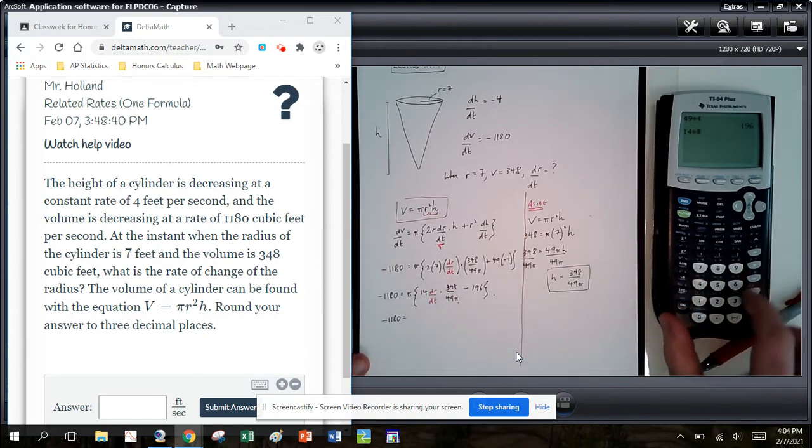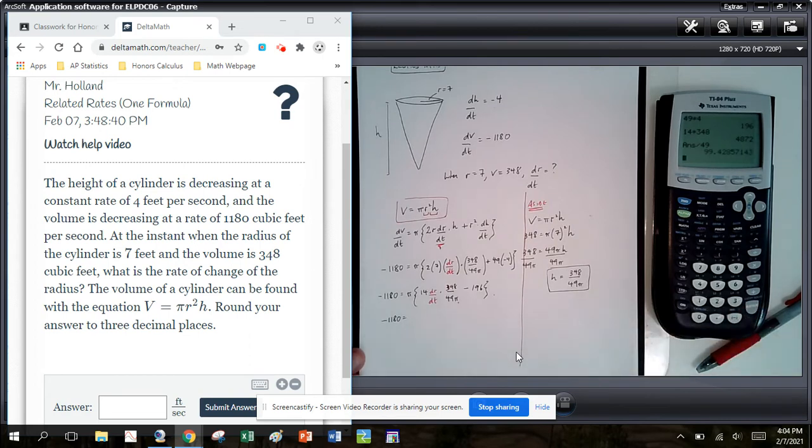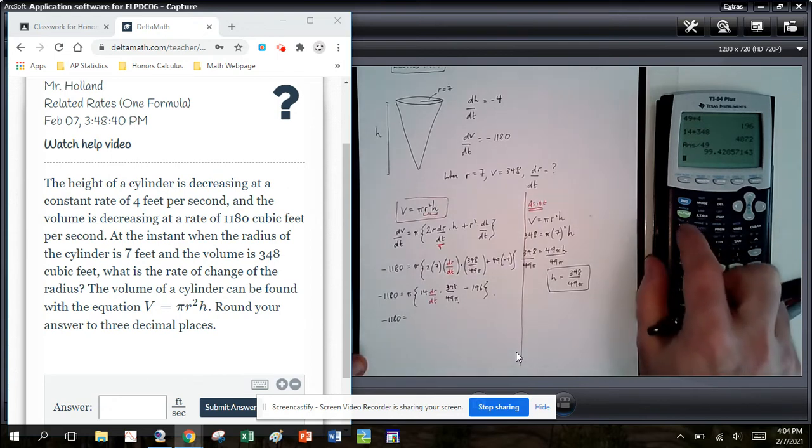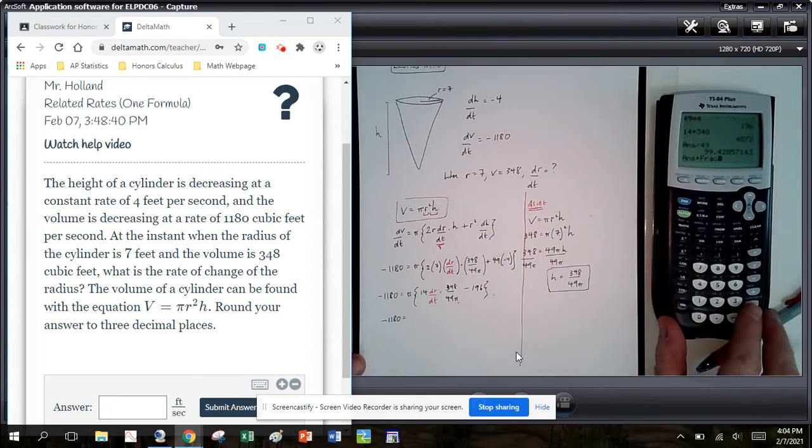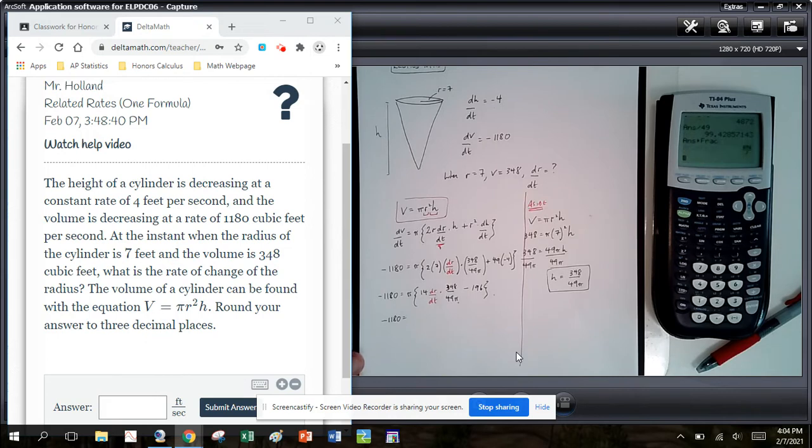So 14 multiplied by 348 will give me that, and then divided by 49 will give me that. Now, that's a decimal, and I don't really want that to be a decimal. So if I do math, frac, enter, it'll reduce that fraction for me. So that's 696 over 7.